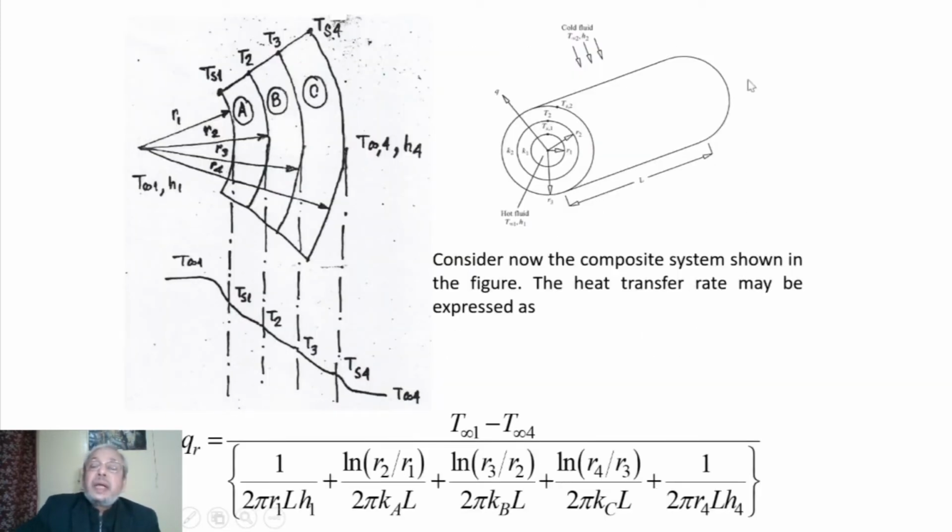Now we can take composite walls. That means basically a cylinder which has different layers of material, right?